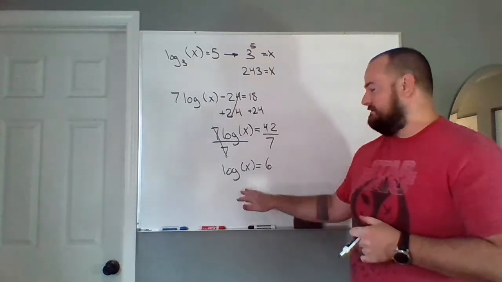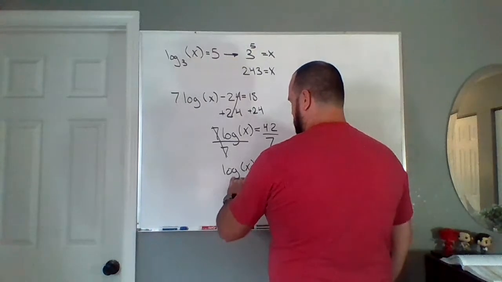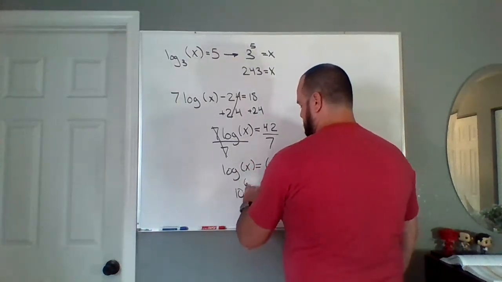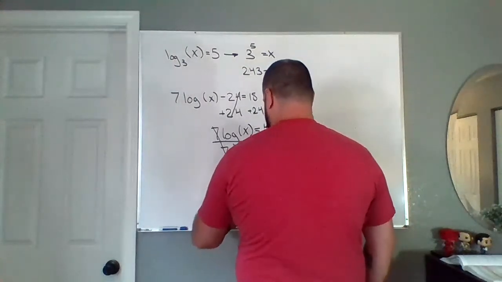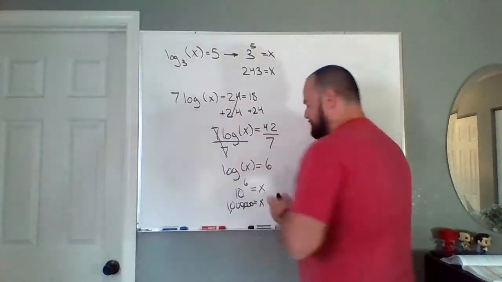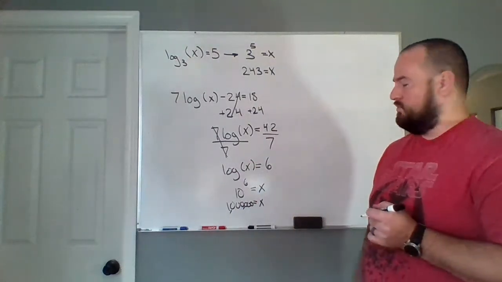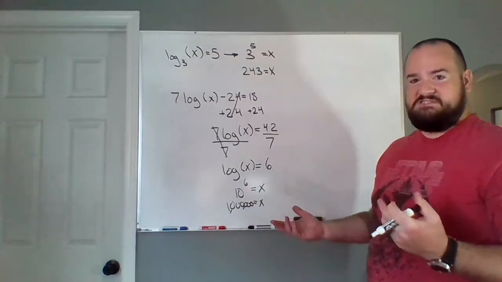We're using base 10. So this equation has an equivalent exponential form of 10 to the 6 equals x. So that means x is equal to 1 million, or 1 followed by 6 zeros. That's not too bad, right?